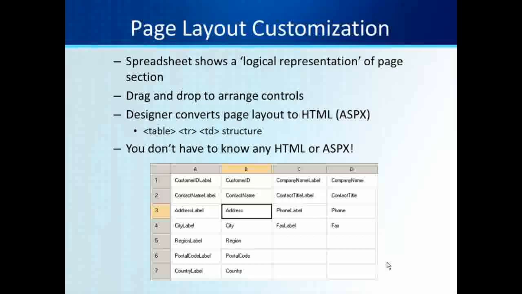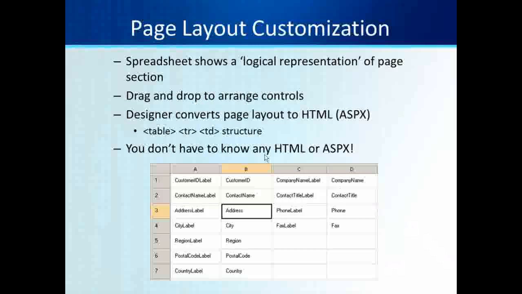The pages are laid out in a series of spreadsheets, which is very similar to Microsoft Excel for those of you who are experienced with Microsoft Excel. Each page has a hierarchy which starts with the following. It has a master page, and we'll see this later, an ASPX page, a record control, fields, headers, and buttons.